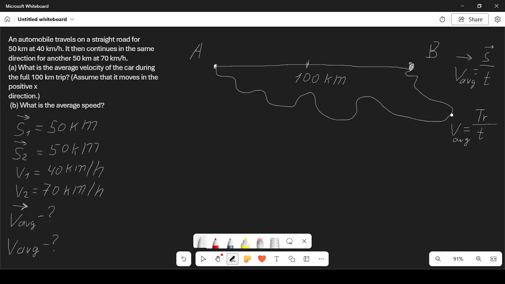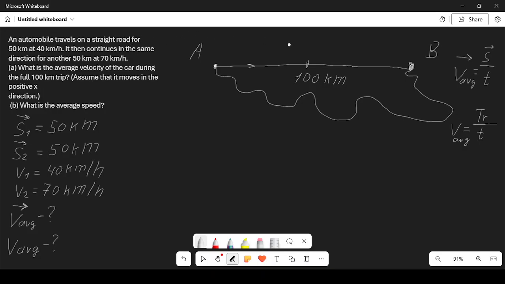So correspondingly, the average speed would be in this case much longer. But for our problem, it's actually not that important because our automobile moves by a straight road.